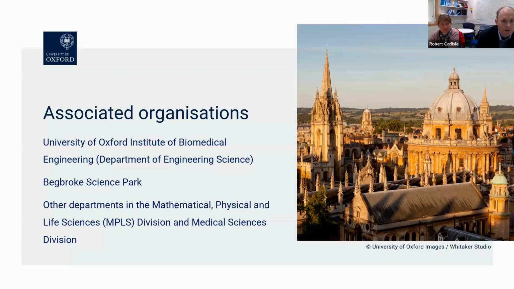Now, I'm also a member of the Institute of Biomedical Engineering here in Oxford, which again, it's quite complicated, but it's a sub compartment of the engineering sciences department. What that means is that we have access to a huge number of fantastic facilities that can be used in the development and testing of nanotechnologies for use in medicine and healthcare.